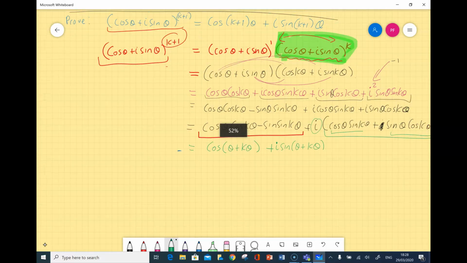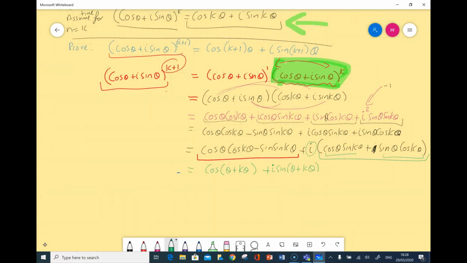So where are we here? My final line, my left-hand side: I had to prove that (cos theta + i sin theta)^(k+1) equals, now I'll factorize the theta out of this, so I have cos of theta times (k+1), or I can write that as (k+1) times theta.